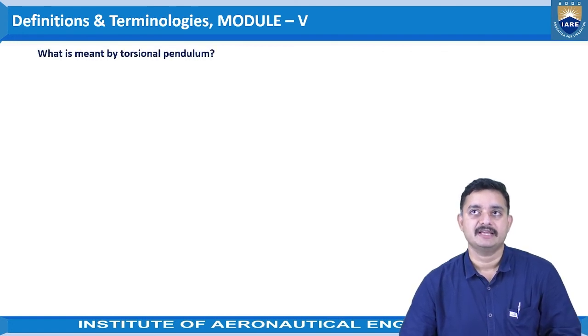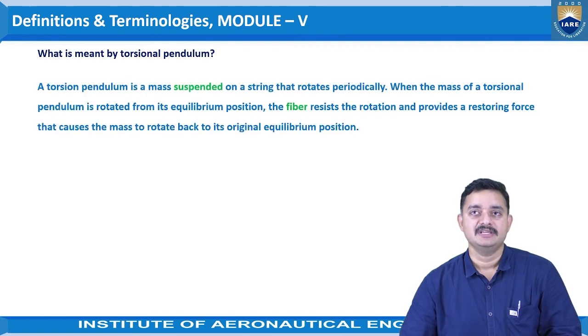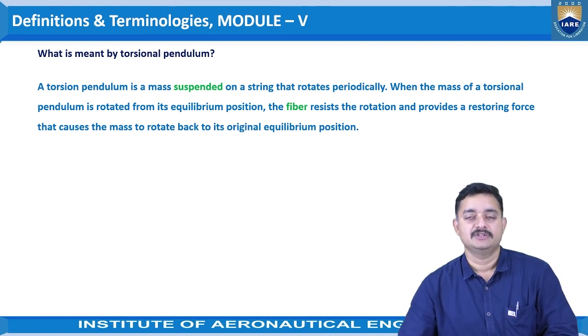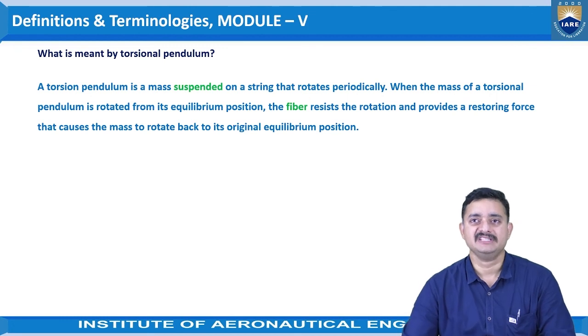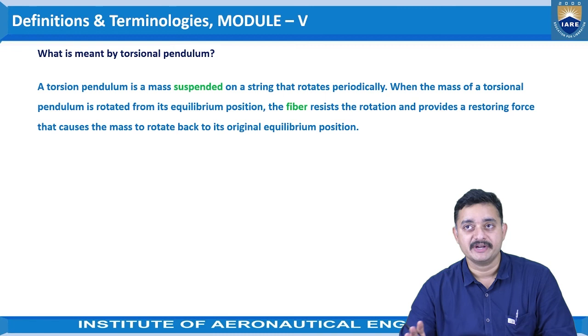Next, what is meant by torsional pendulum? A torsional pendulum is a mass suspended on a string that rotates periodically. So the torsional pendulum can be considered as the mass that is suspended on a string that rotates periodically.